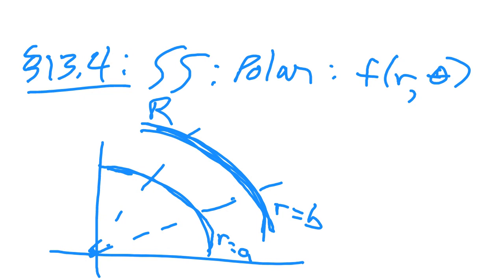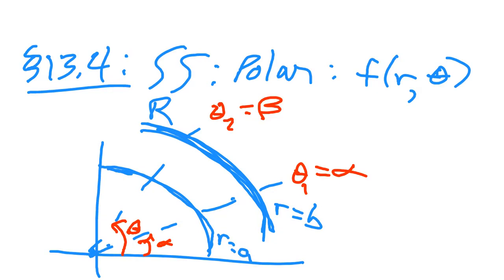The first is theta equals alpha, and going to this one, this is beta. I should probably call these R1 and R2, it doesn't really matter. The first radius is a fixed constant A, the second radius a fixed constant B.